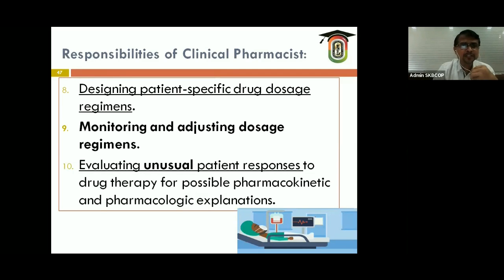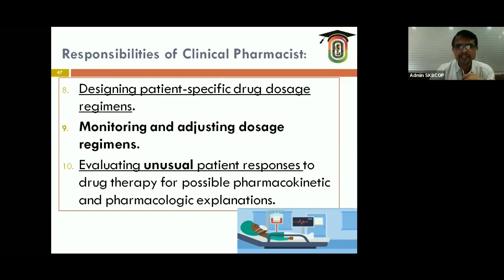Then next responsibility is evaluating unusual patient responses to drug therapy for possible pharmacokinetic and pharmacologic explanations. Okay. So there might be some unusual patient responses.